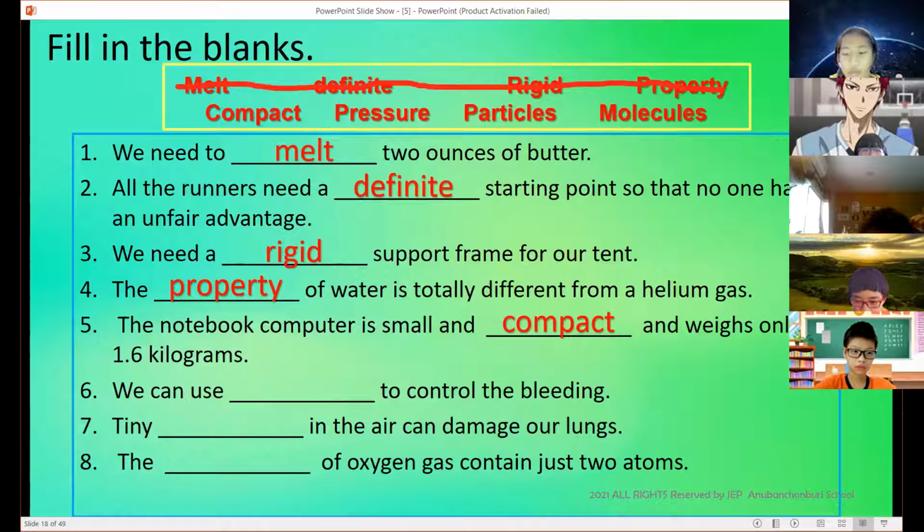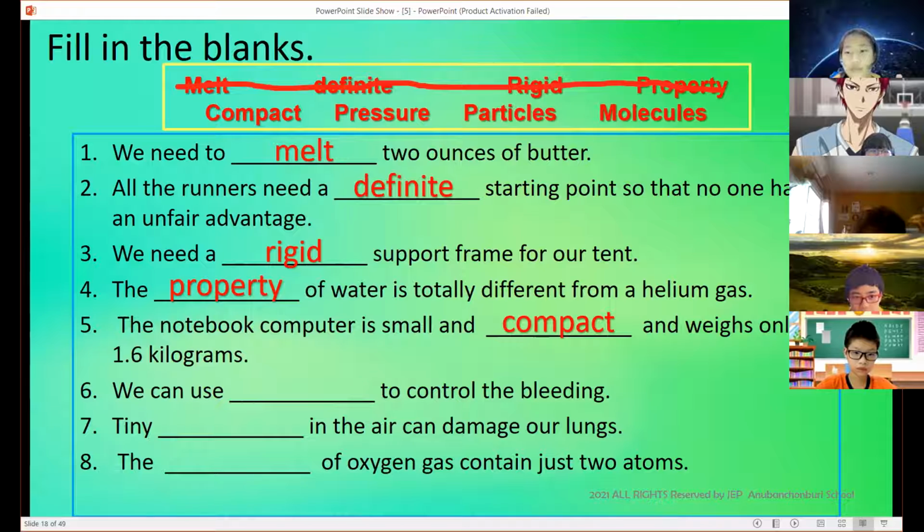So here, they just put something like this. Okay, like they put a lot of things there. We can use blank to control the bleeding. So what is the answer here? For example, Faraday, what's your answer?